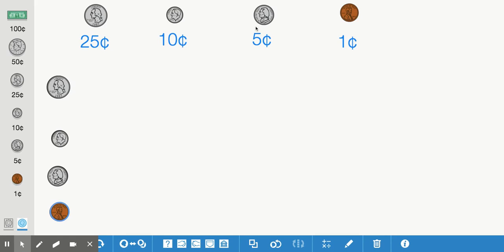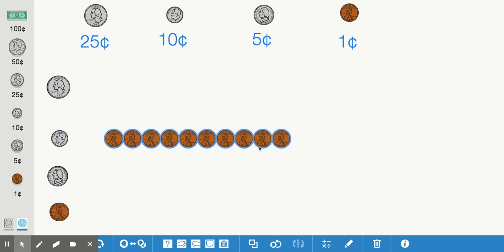So we also want them to understand that if they were to convert these coins to pennies, how many pennies each would be worth. So for instance, the dime is worth 10 cents, but that also means that the dime is worth 10 pennies. So we would want them to know that.